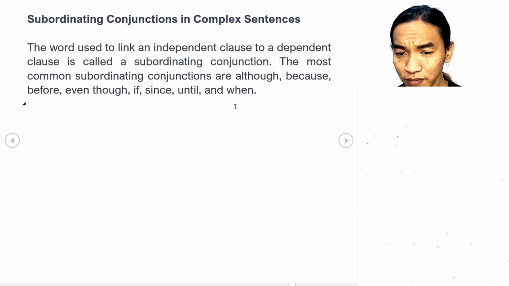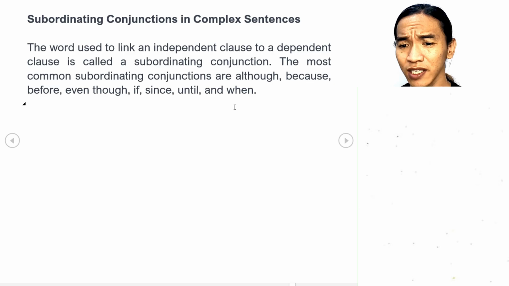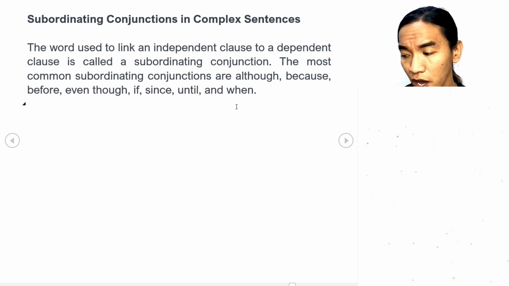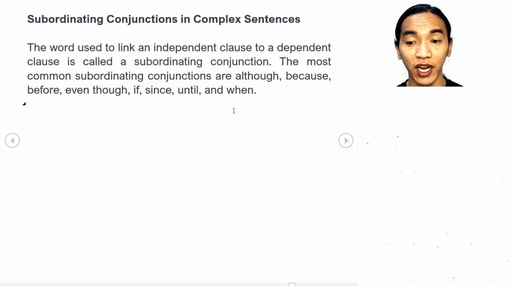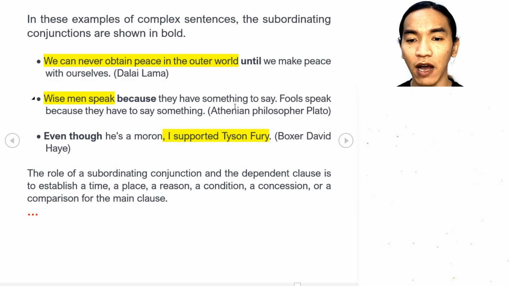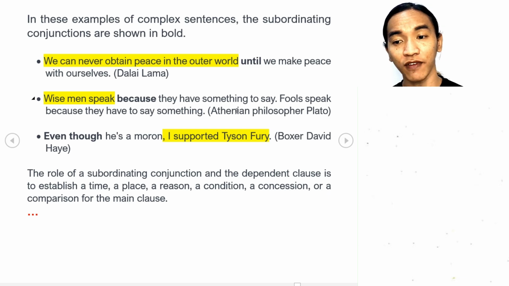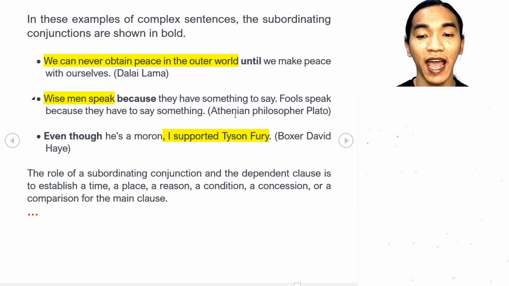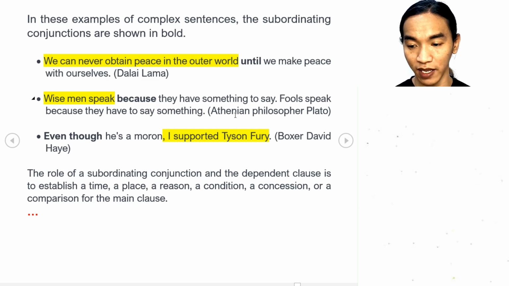The most common subordinating conjunctions are although, because, before, even though, if, since, until, and when, and more. In these examples of complex sentences, the subordinating conjunctions are shown in bold letters.